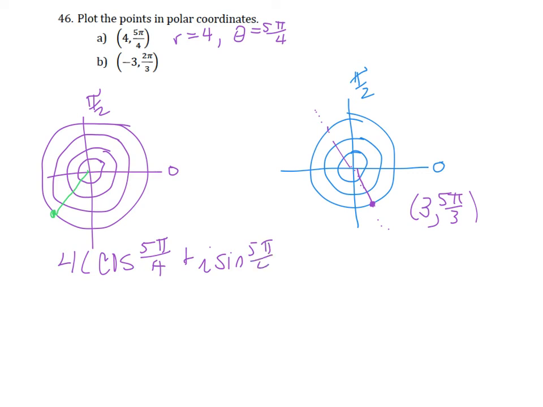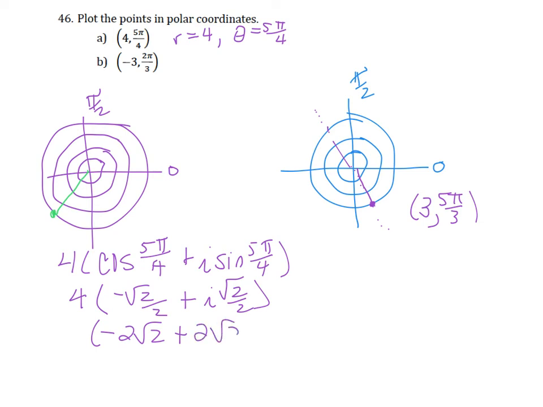So if we wanted the complex number that went along with that polar, it would be 4 times negative square root of 2 over 2 plus I times positive square root of 2 over 2. And then if we distribute the 4 in, we get negative 2 radical 2 plus 2 radical 2 I. So that is the complex number that matches that polar.